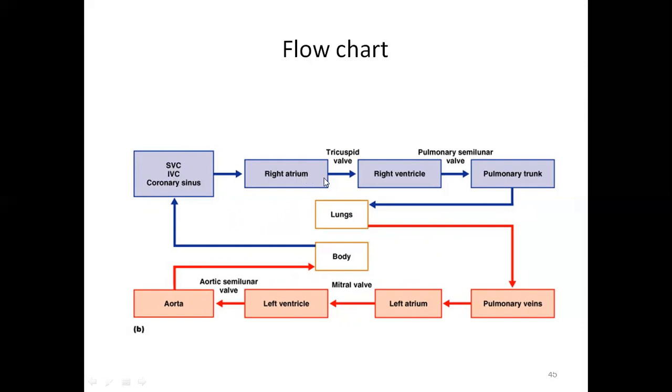From here, through the tricuspid valve, it moves to the right ventricle, then to the pulmonary trunk through the pulmonary semilunar valve, and to the lungs for purification. From the lungs, the purified blood moves through pulmonary veins to the left atrium, left ventricle, aorta, and this aorta and its branches supply the pure or oxygenated blood to different parts of the body.